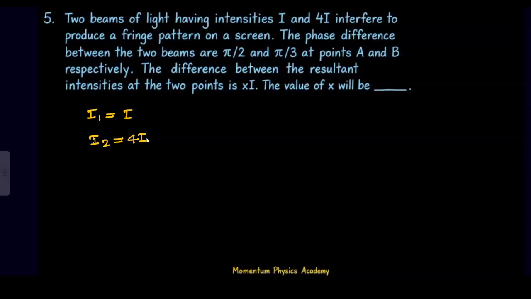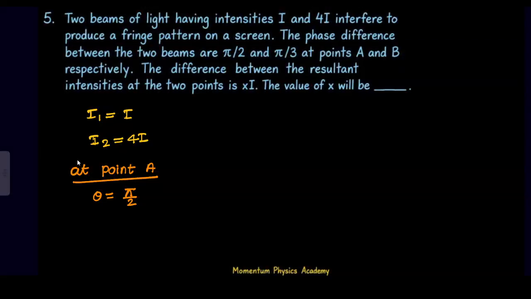Now, what are they saying here? They calculate the intensity at the two points. At point A, the phase difference theta is given as pi by 2.